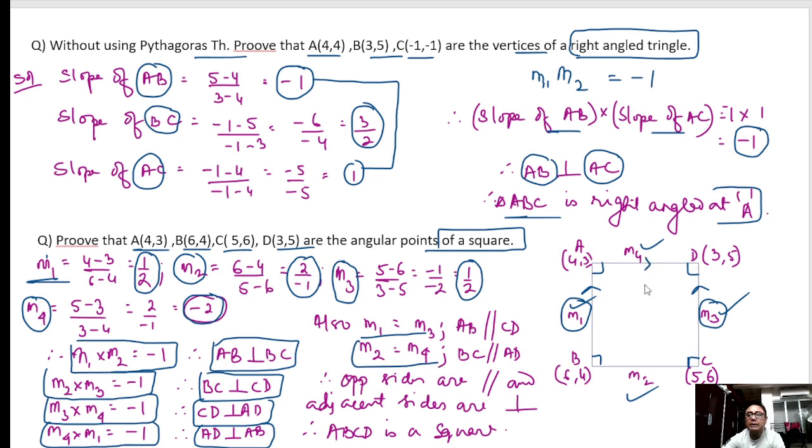That means AD and BC are also parallel. So see, opposite sides are parallel, all angles 90 degree. This is the property of a square. That means ABCD is a square.